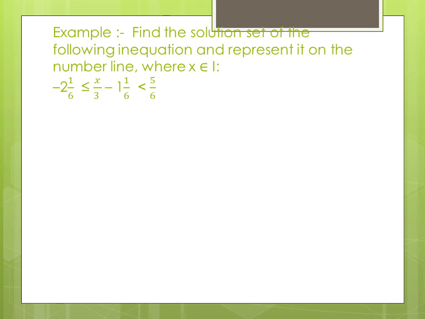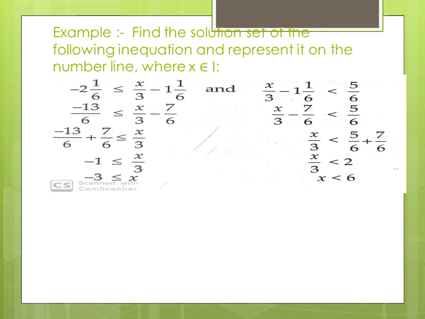First we take the first and second term, and then the middle term and the last term, and we solve them. So if we take the first and second term, -2 1/6 is less than or equal to x/3 - 1 1/6, and on the other side we take the middle term and the last term.